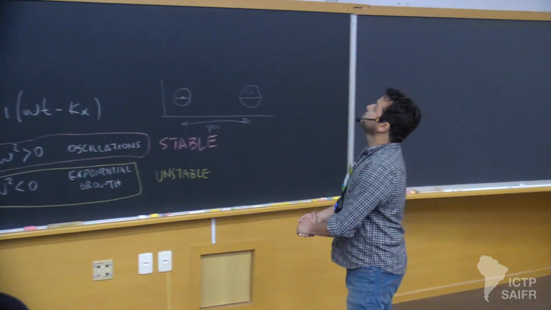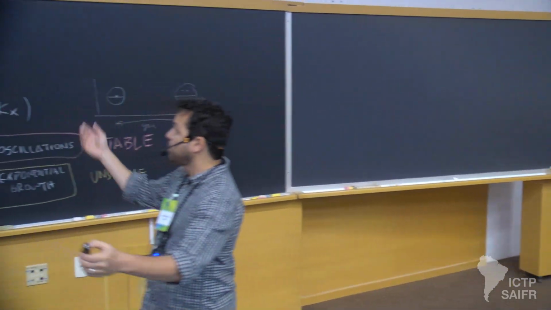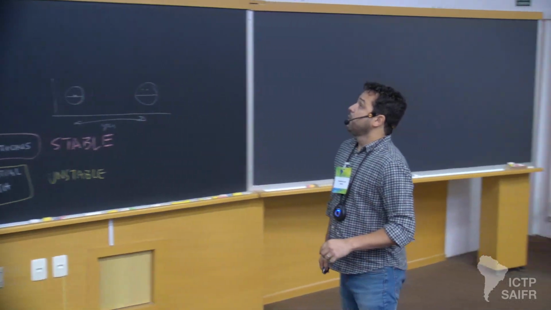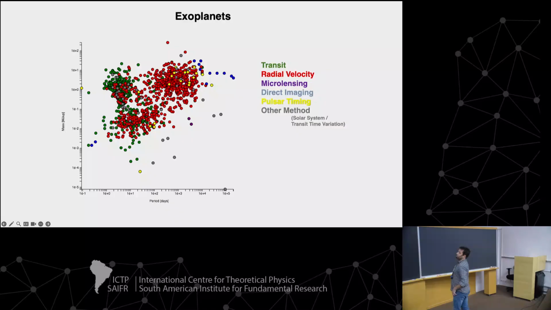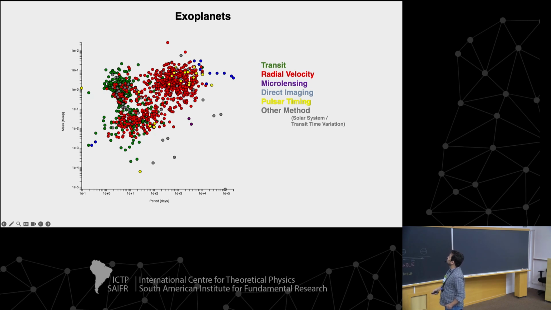What we're seeing here are all of the exoplanets that have been found, by method of discovery. The red dots are the planets found by transit, the red ones, radial velocity. There are some planets found by microlensing here in purple.